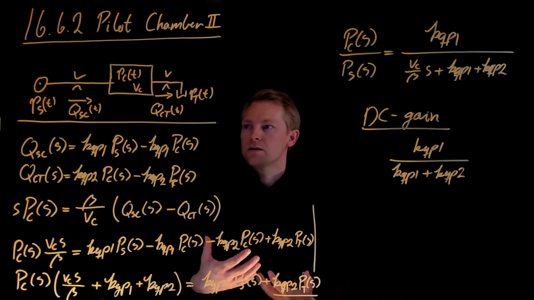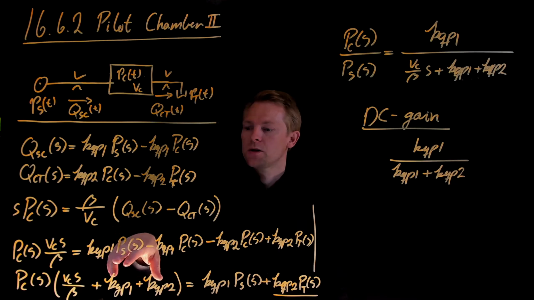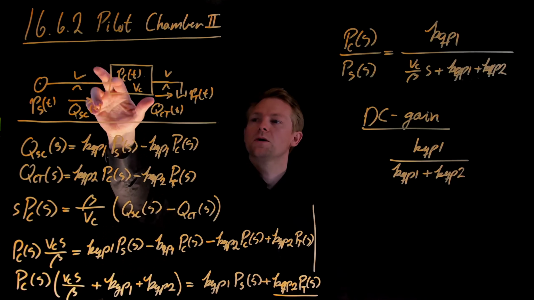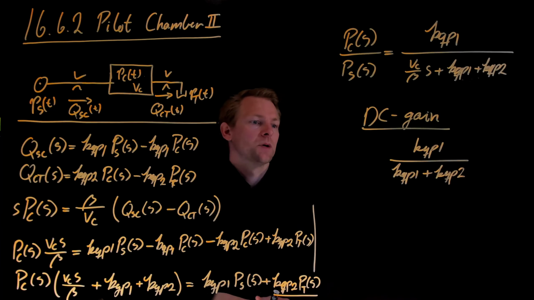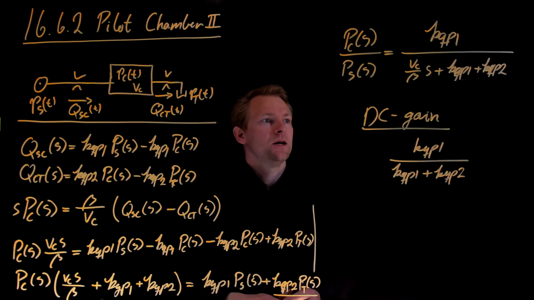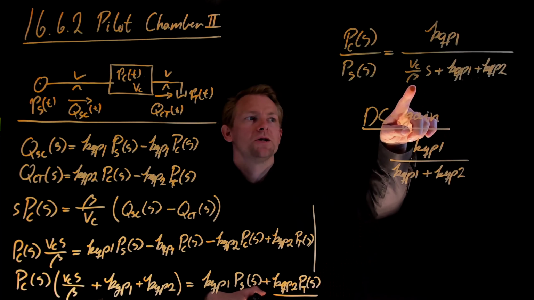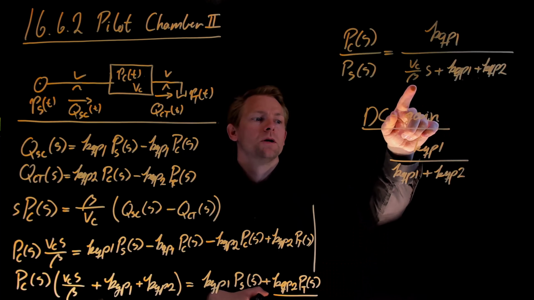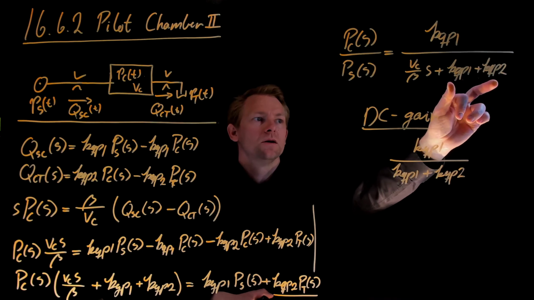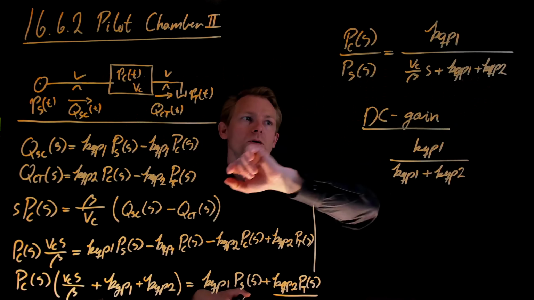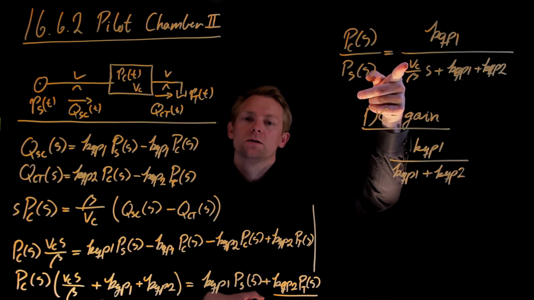And that is something to do with the size of the orifice, the opening area that we have. So this will be our DC gain for that system. And we can see that we can change the time constant both by changing these values here, the size of the orifice, or we can change the size of the volume.